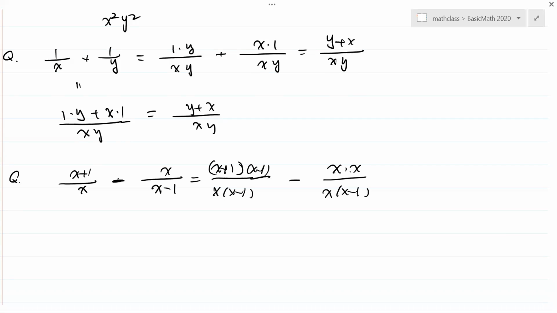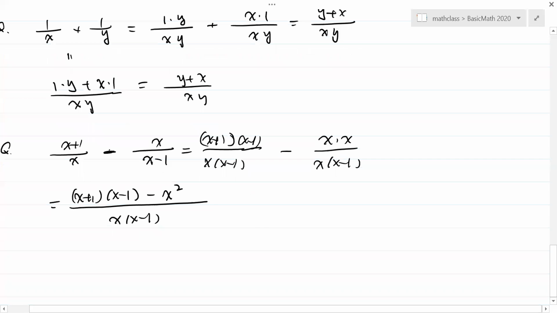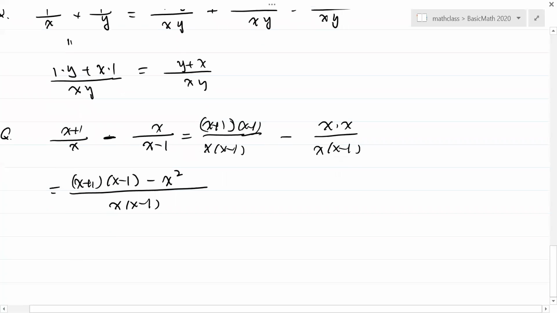Okay. So now they have a common denominator, right? Then you have x plus 1 times x minus 1 minus x squared. But the numerator right now is still complicated.